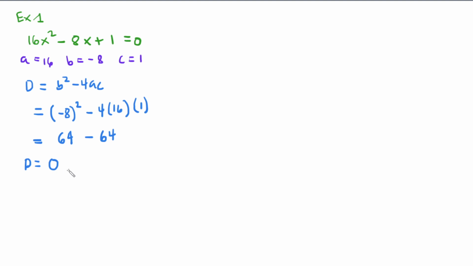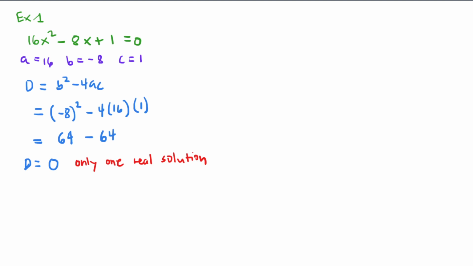So what can we say about our discriminant? If our discriminant is equal to 0, we have only one real solution. So that's how you characterize the roots for this example.